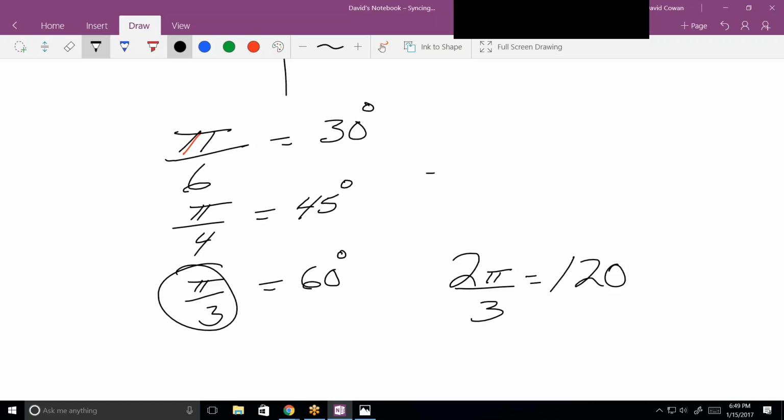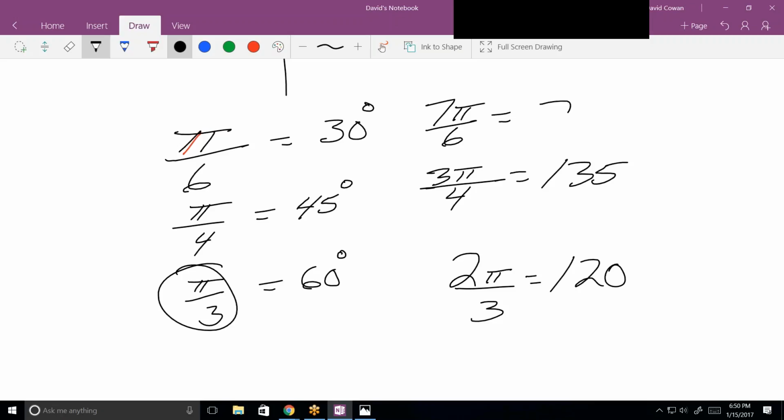What's 3 pi over 4 equal to? 135 degrees. Now I don't know about you, but to me, this is an easier way to convert radians to degrees than the typical method that they usually want you to use, which is to multiply by 180 over pi. But notice 7 pi over 6 has to be 7 of these 30-degree angles, so that's got to be 210.